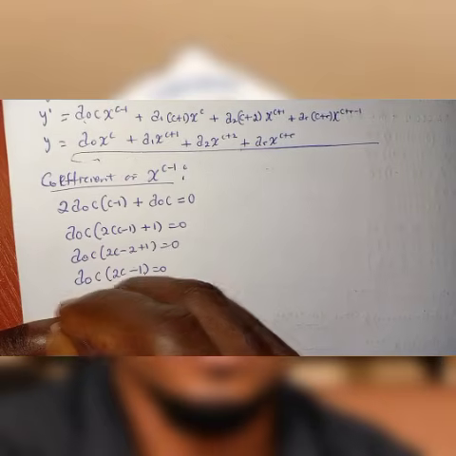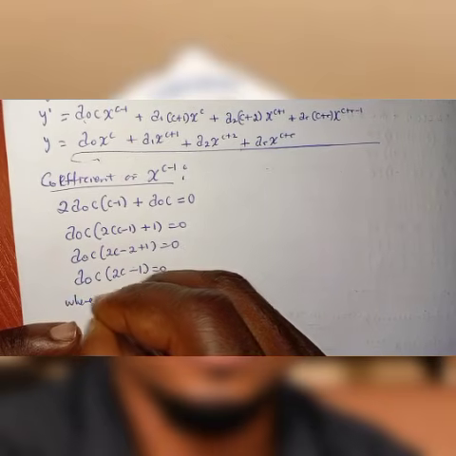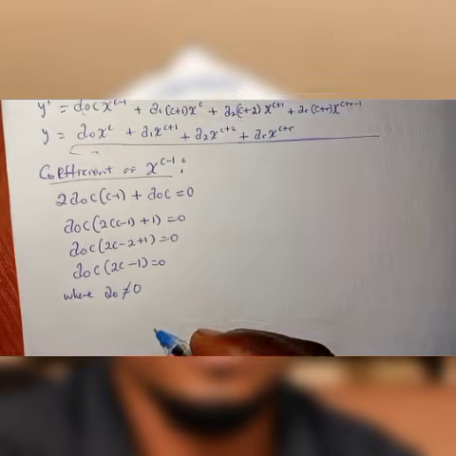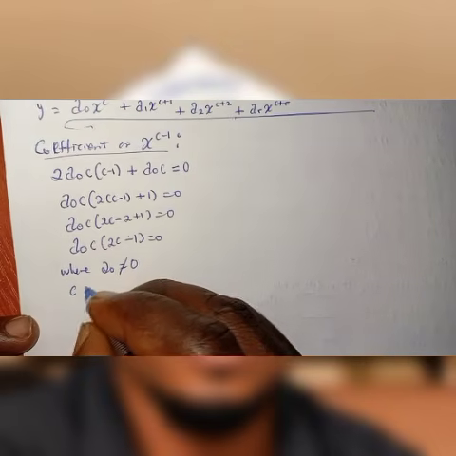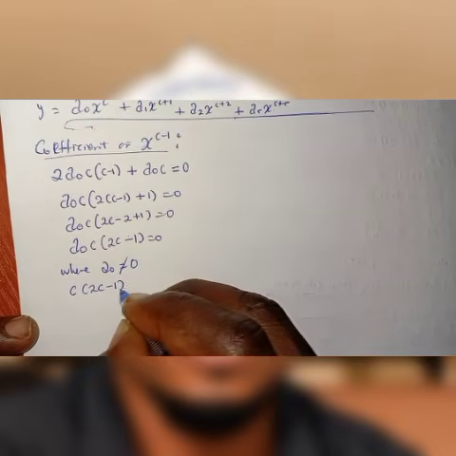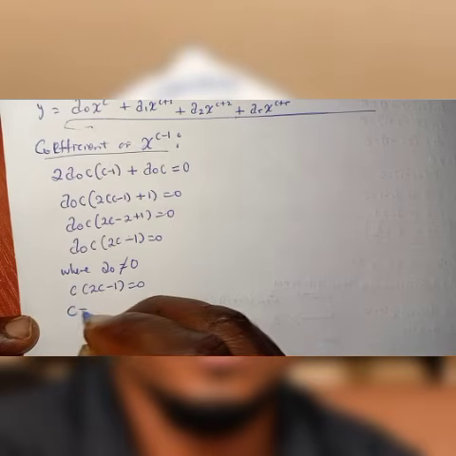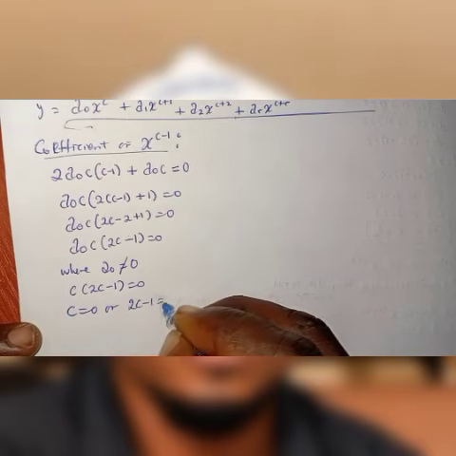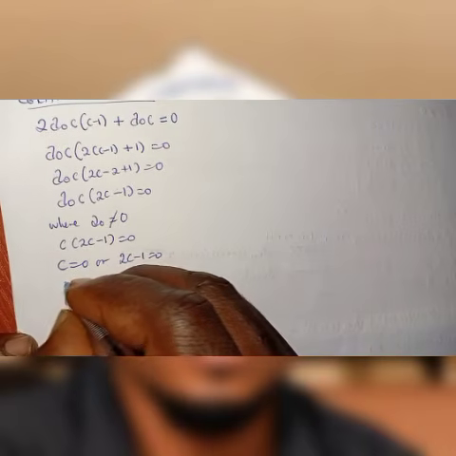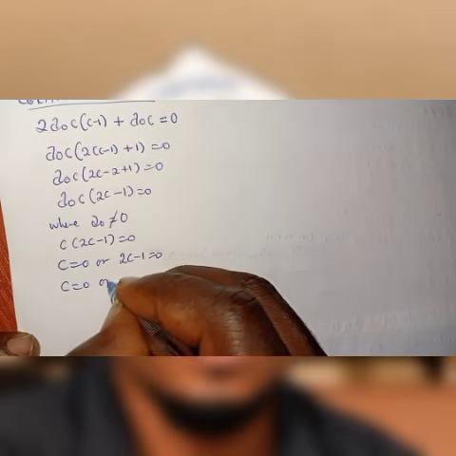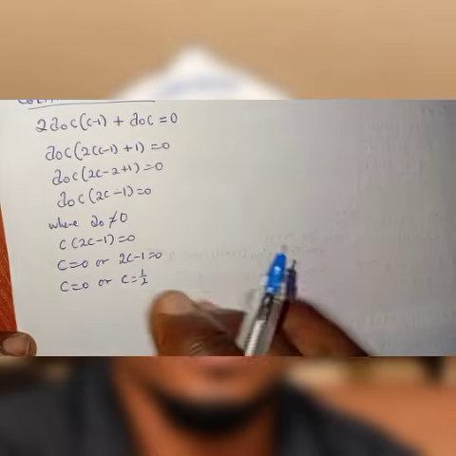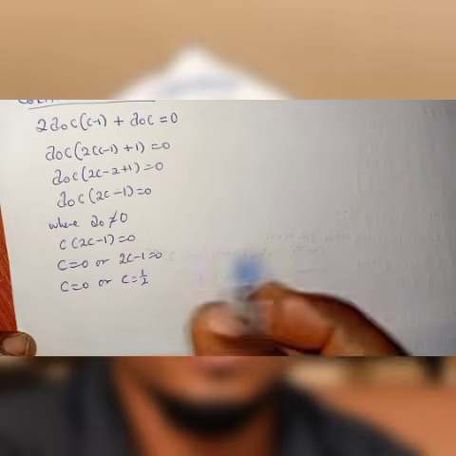Now remember we said a naught cannot be 0, so we're going to have c 2c minus 1 equals to 0. c equals to 0, or 2c minus 1 equals to 0. So which gives us c equals to 0, or c equals to 1 over 2. So that's for the first one.